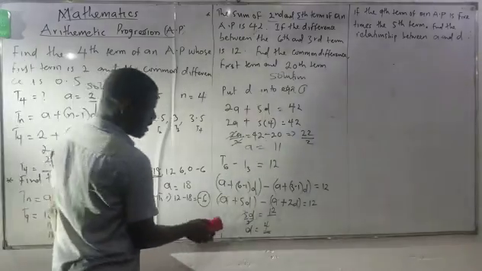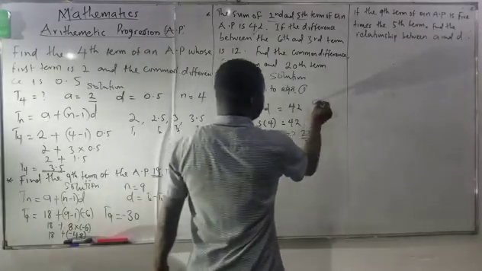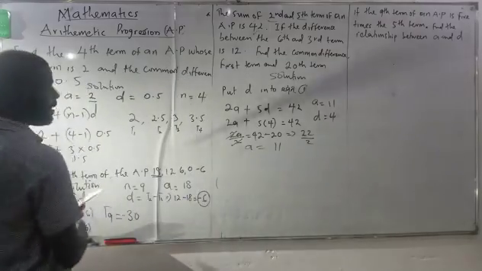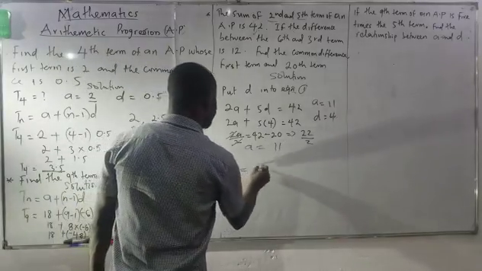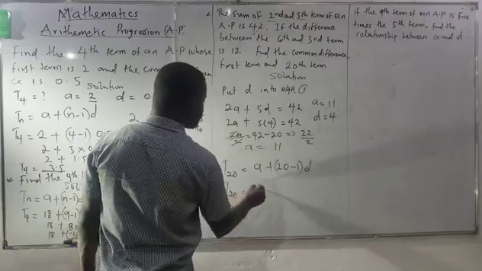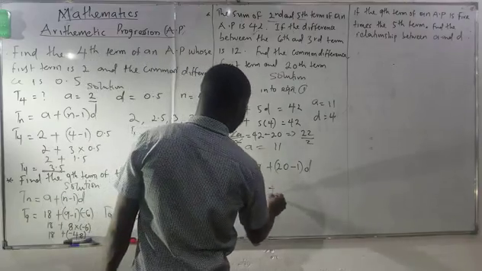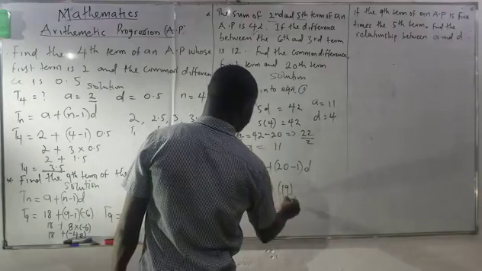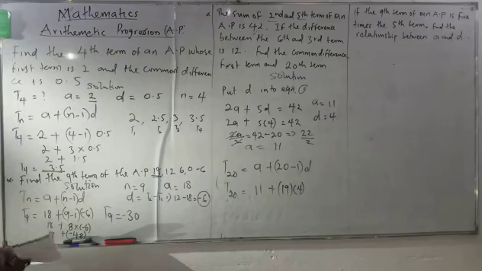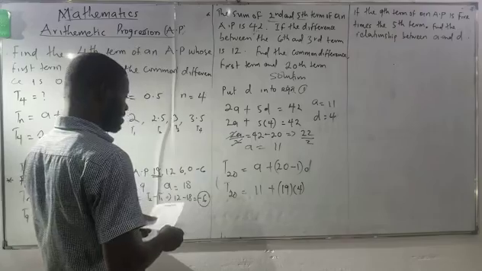Since my A equals 11 and my D equals 4, now to get my T20, T20 will be equal to A plus (20 minus 1) bracket of D. That is 11 plus 19 times 4. 19 times 4 is 76.